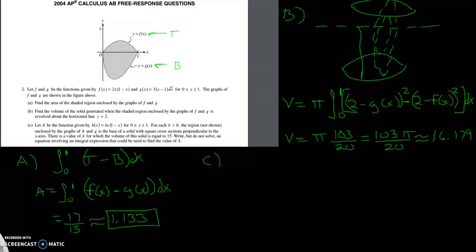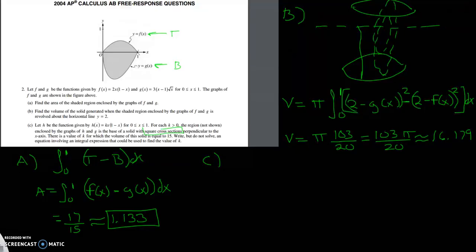Now, part C says, let h be the function given by h of x equals k to the x times the quantity 1 minus x in the interval 0 to 1. For each k greater than 0, the region not shown enclosed by the graphs of h and g is the base of a solid with square cross sections perpendicular to the x-axis.